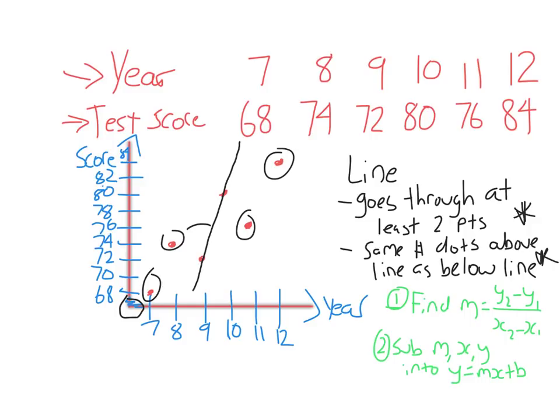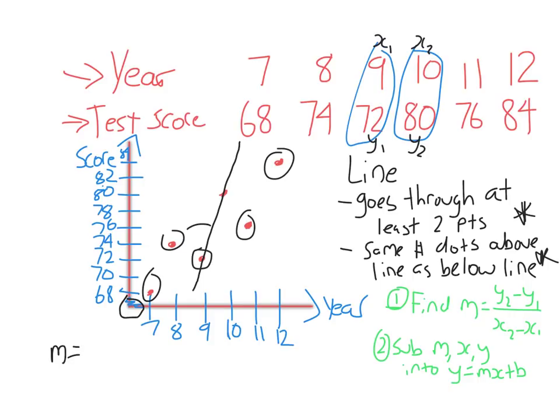So the 2 points it goes through are (9, 72) and (10, 80). So, to find the equation of this line, gradient equals, so this is like my y2 value, y1, x2, and x1. It doesn't matter which is called point 1 and which is called point 2, as long as x1 is with y1.